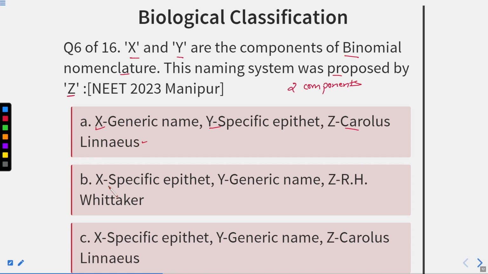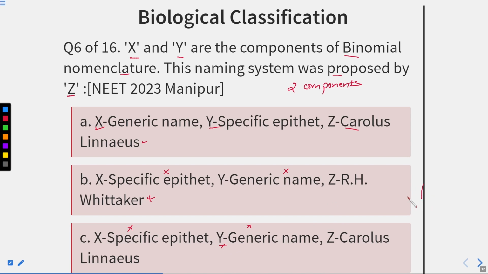Now second, X is the specific epithet, which is not correct. Y is the generic epithet. This is not correct. Whittaker is not correct because Whittaker gave the five kingdom classification. Now option C is X is the specific epithet, which is not correct. Y is the generic. This is not correct. This option is not correct.